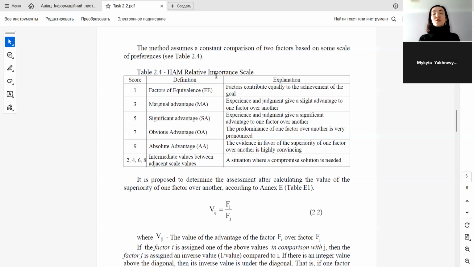After learning this information, you can understand that we have a different score for different positions. For example, if factors are equivalent, we use score 1. If it is a marginal advantage, we use score 3. If it is between these positions, we use score 2.